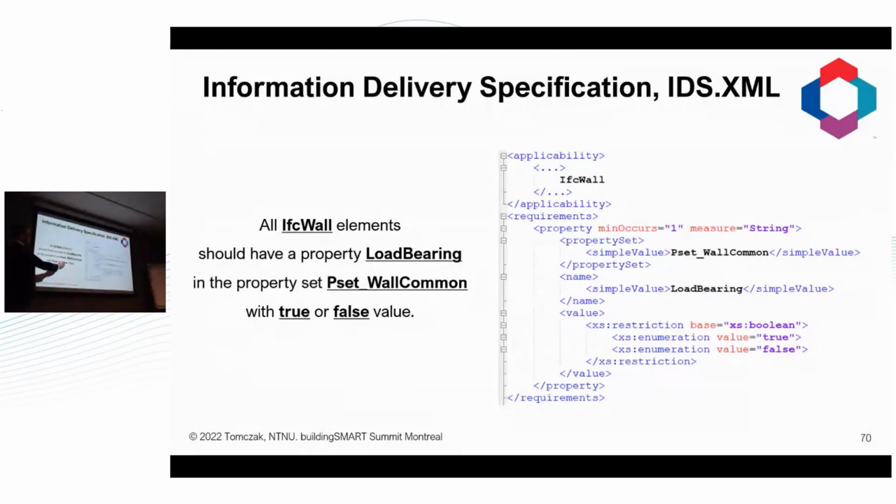IDS can be interpreted by humans, so you can have this human readable form that says, for example, all of your walls should have a property load bearing, and this should be in the property set wall common, and it could be of a value true or false, which you can also see in the XML form, which is human and computer readable, but is also interpretable because there's only one way how you interpret that in your implementation. Of course, if you don't make it wrong.